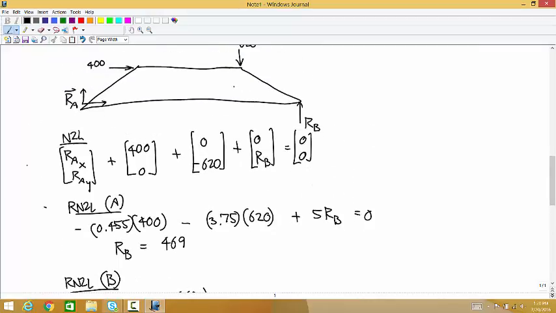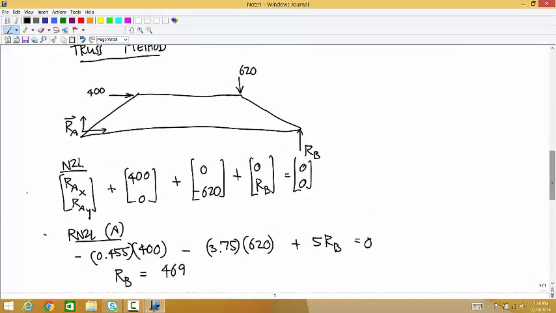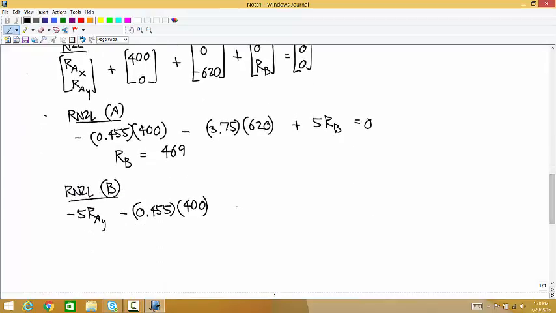And then this one is plus 1.25 times 620.